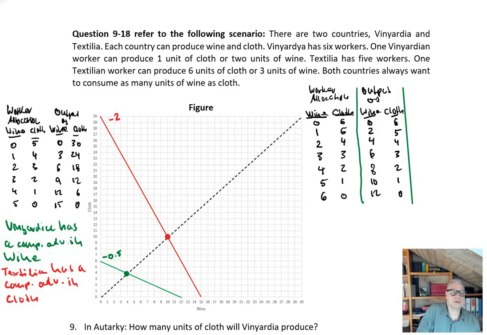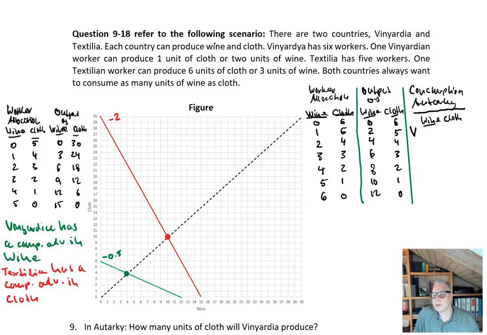So consumption under autarky, I write that here. Let's do it this way. We have here maybe Vineyardia, and here we have wine, cloth.